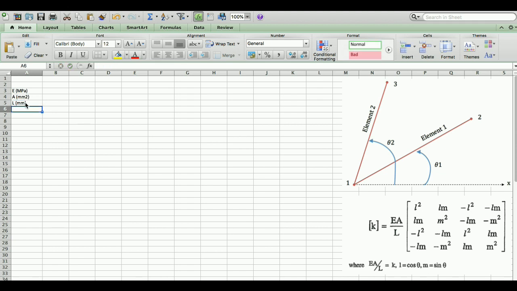Then we have the angle, which we represent by theta. So I'll just type in angle. We're going to give it in degrees, and then we need to form lowercase l, lowercase m, and EA over L fraction.